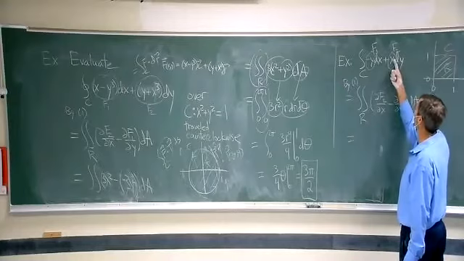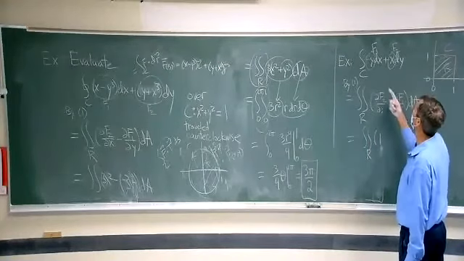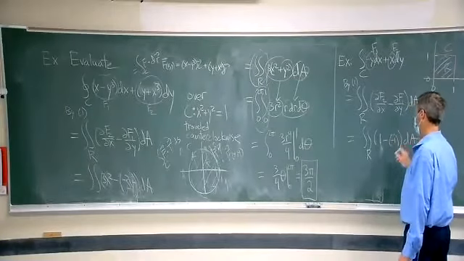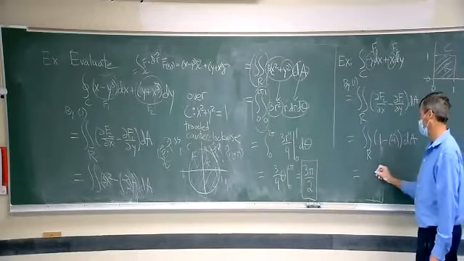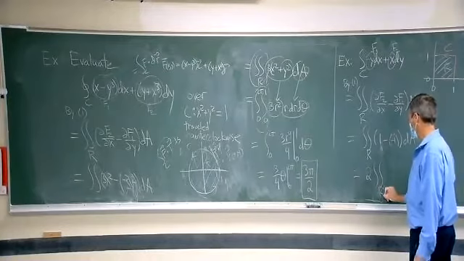Well, let's see, df2/dx is 1. df1/dy is minus 1. So I just have the integral of 2 dA. I'll pull the 2 out and say it's twice the double integral over the region dA.